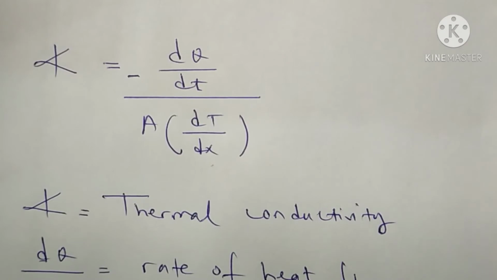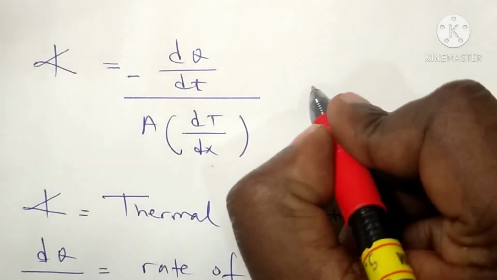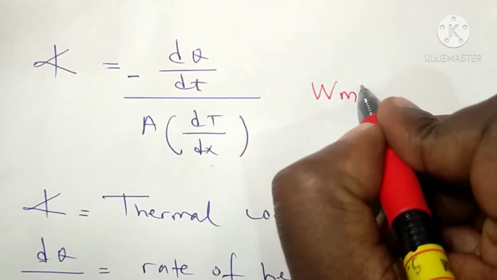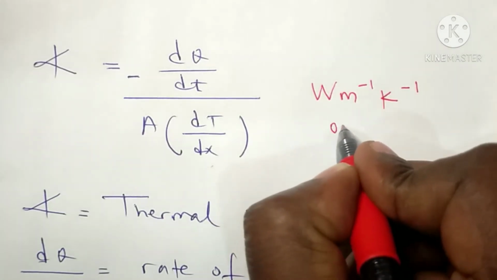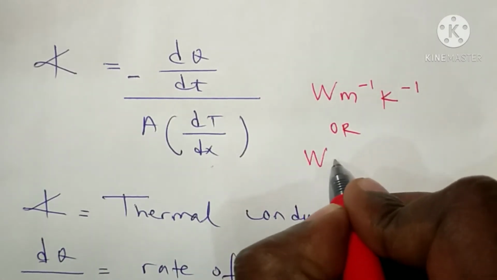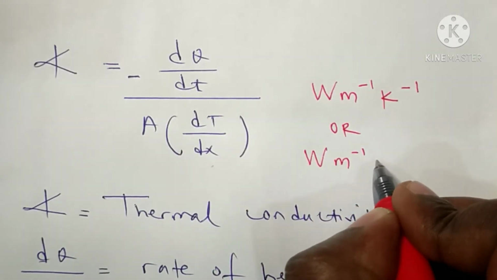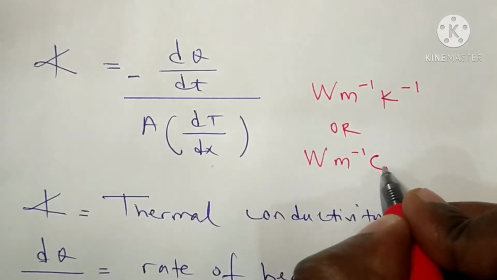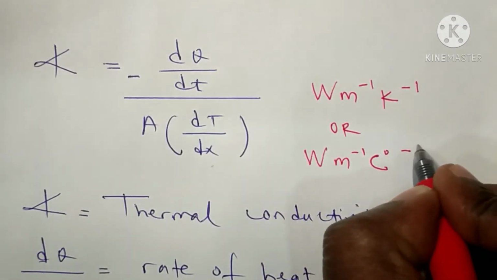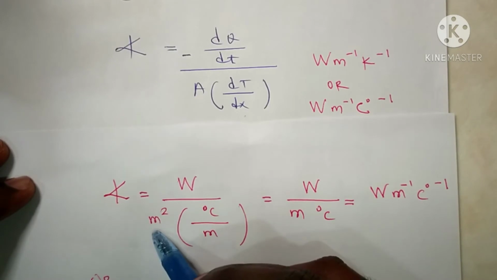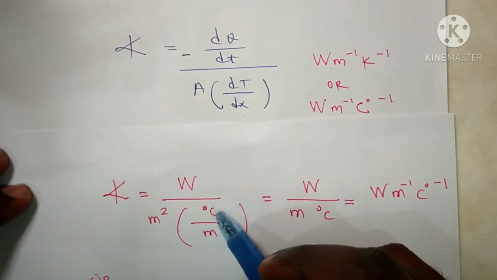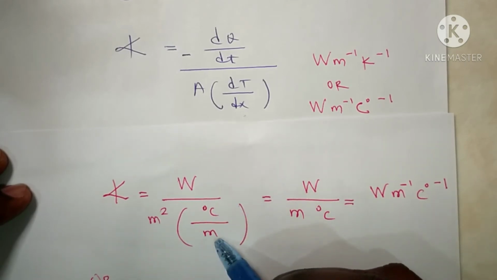The SI unit for thermal conductivity is watt per meter per Kelvin, or watt per meter per degree Celsius. Rate of heat flow is in watts, cross-sectional area is in meter squared, temperature you can put in degrees Celsius, and the change of distance is in meters.